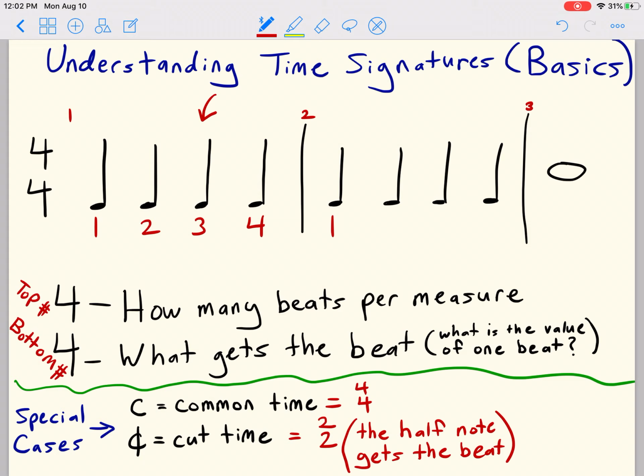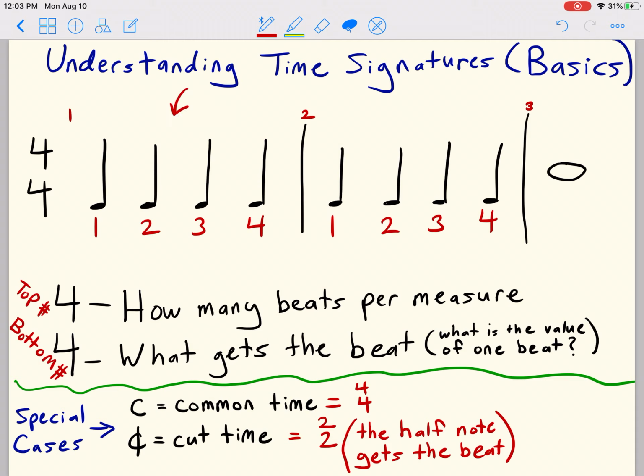Same thing here, 1, 2, 3, 4. You'll notice that we're starting over each time. Once we get to the number 4, we can't go to 5 or anything past 4, unless we're counting eighth notes. We might say "and." We'll get to that later, and we touched on it briefly in the previous video. But we'll never get to the number 5 because we know there are only 4 beats in each measure.